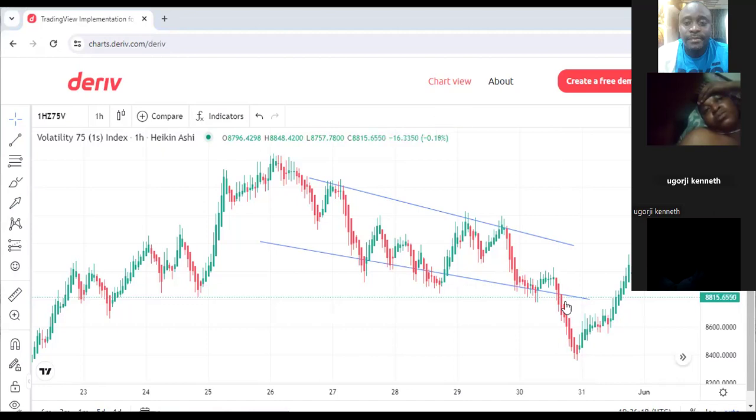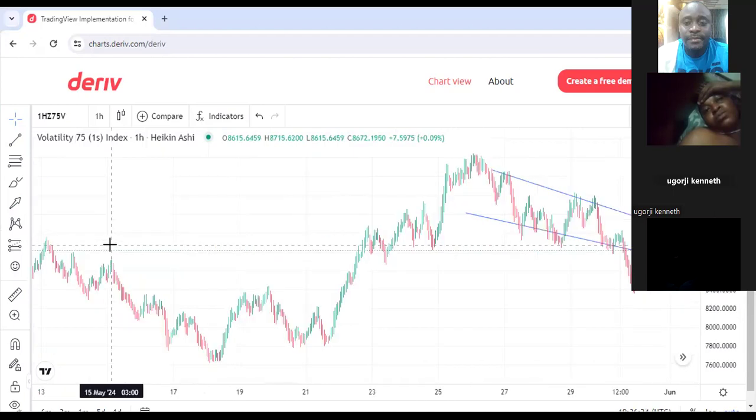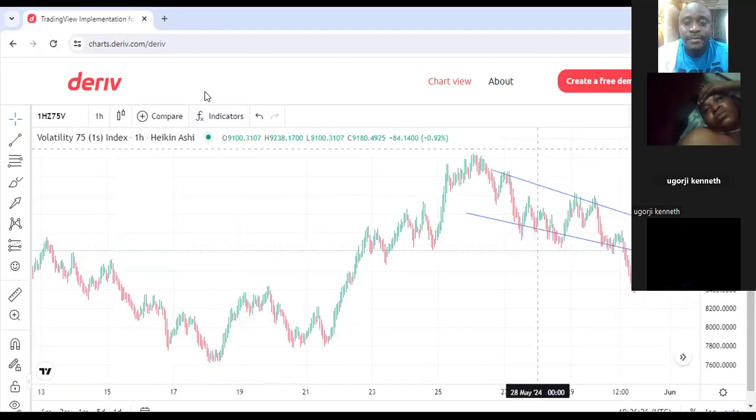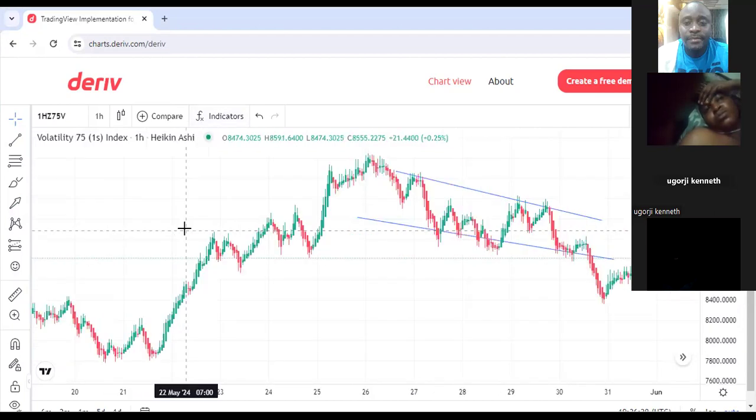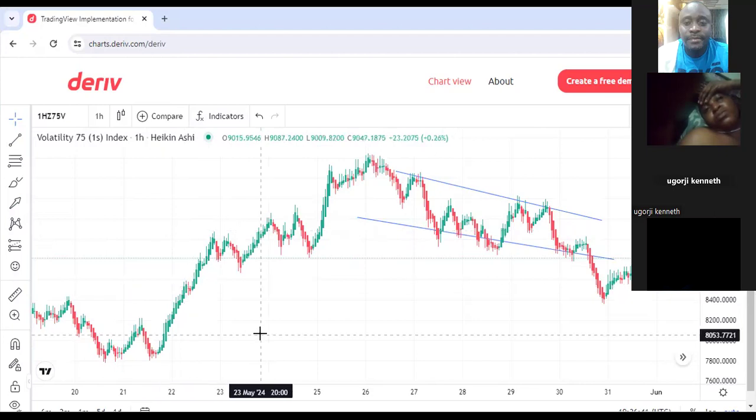Are you with me? So, guys, in the advanced class, we are going to toss with all these indicators. Many of these indicators will be dealt with, and like I said, in the advanced class, we are going to see what works for you. And if it works for you, you must first go through the advanced class.